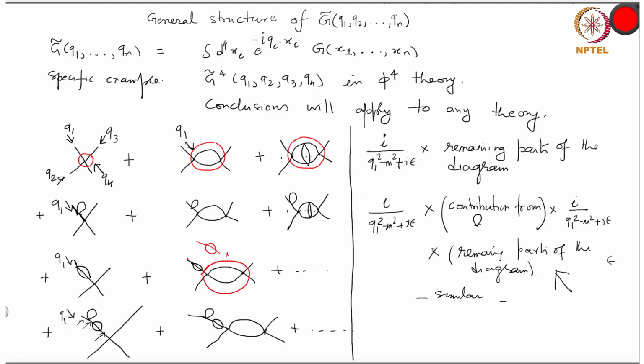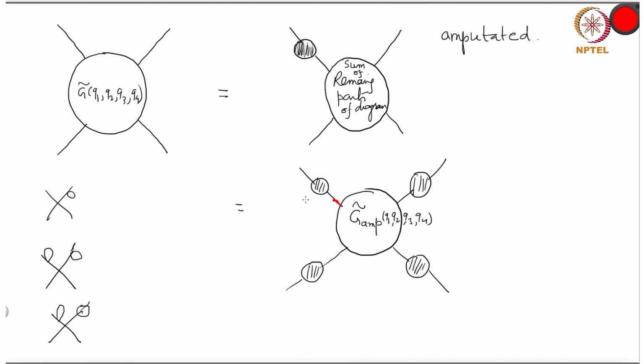It should be about one line. You cannot cut one line. Okay, so that's the structure, and this contains all the corrections to the external leg, and similarly here and here and here.